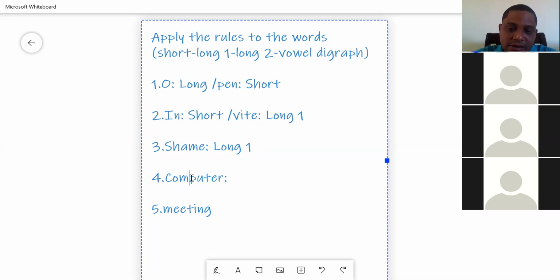Com, pu, ter. Computer. All right. So, we have 3 of them. For the number 1, what do we apply? Short vowel rule. The vowel is in the middle of 2 consonants.